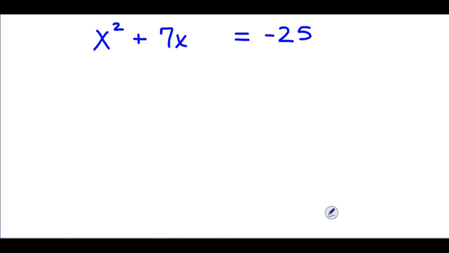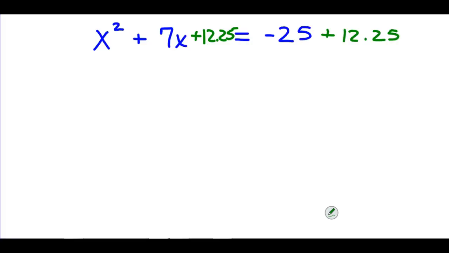So you take the 7, divide it by 2, you get 3.5, and now square that. Squaring that gives you 12.25, so you're going to add 12.25 to both sides of this equation. Even though it's not pretty, everything that's not pretty still works out. We're going to work it out the same way.